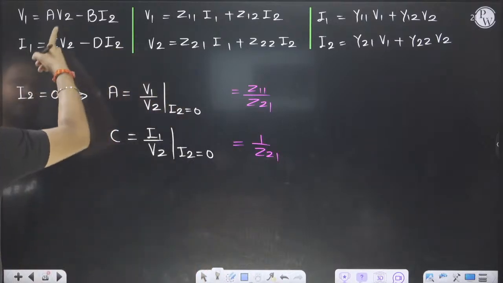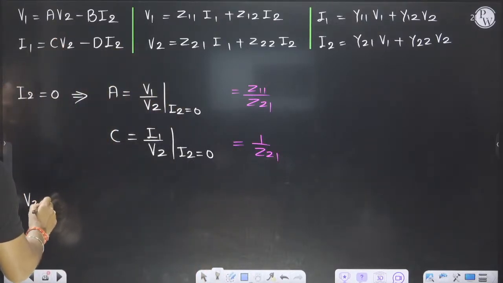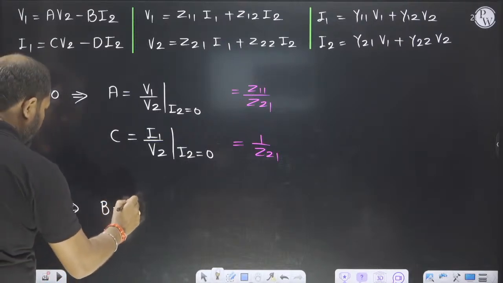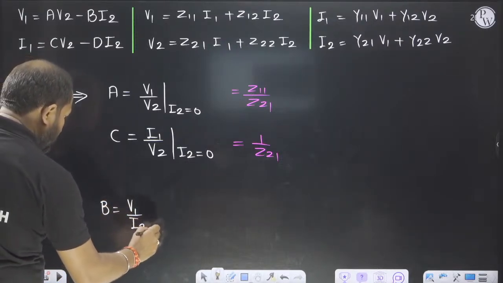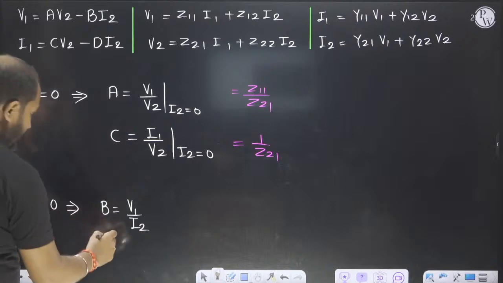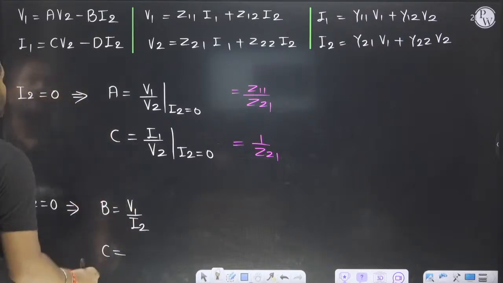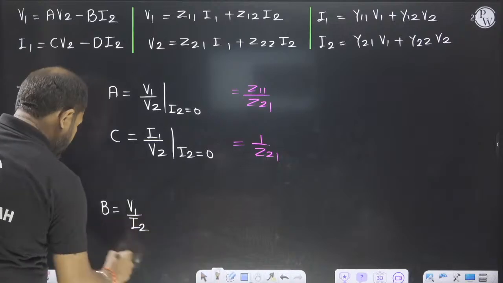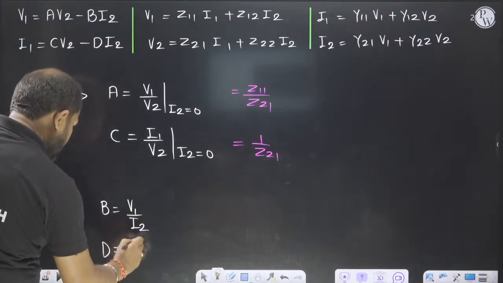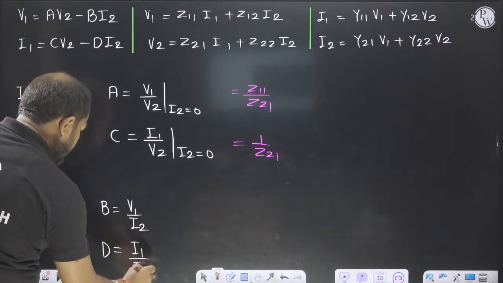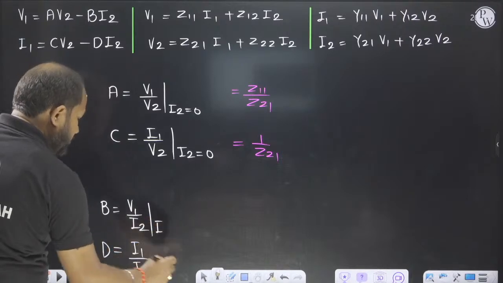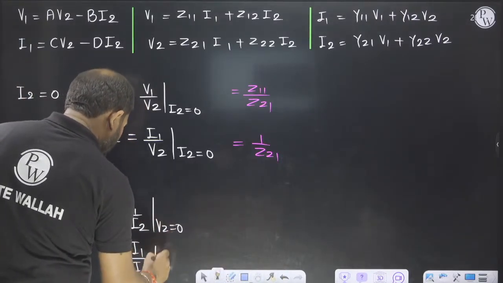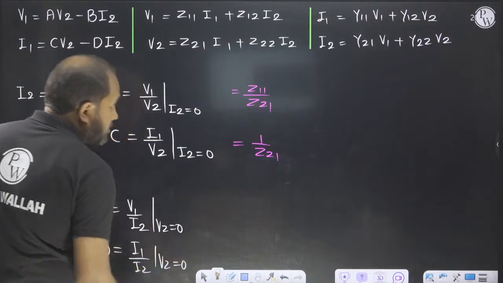Then I will make V2 equal to 0, that means B is V1 by I2, and D will be I1 by I2. V2 is equal to 0, so voltage is 0. So we have to think about short circuit.